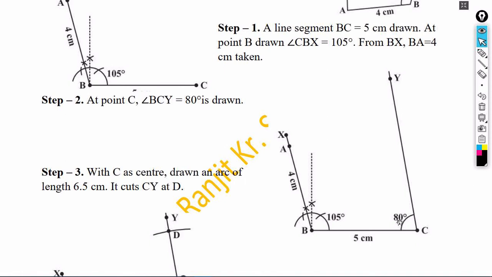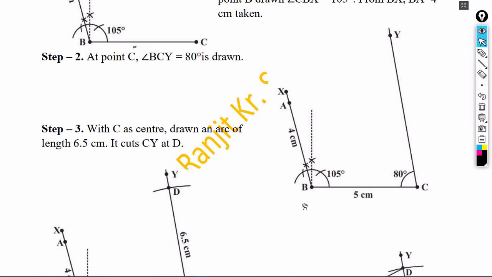Then as it is given, point A is 4 centimeter away from point B, then an arc of a radius 4 centimeter is taken from BX.